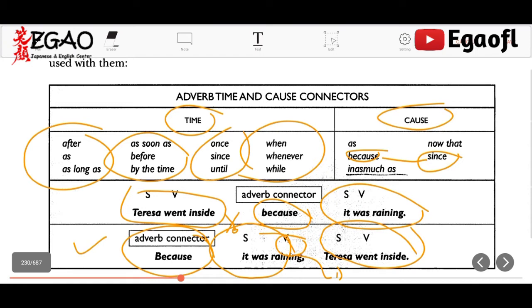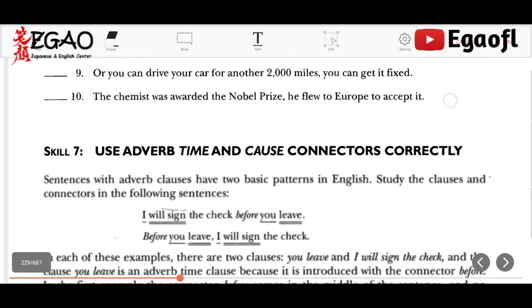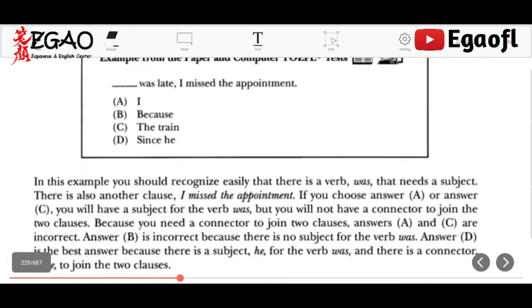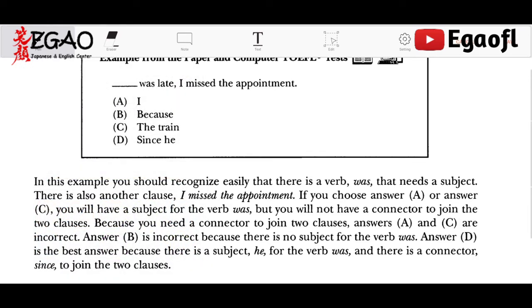Now, let's take a look at the example. Okay. And in this example, you find that space was late, I missed the appointment. Okay, so look here. There is a comma here, which means that the connector will be here. But look at this.